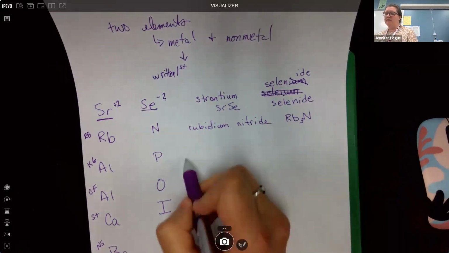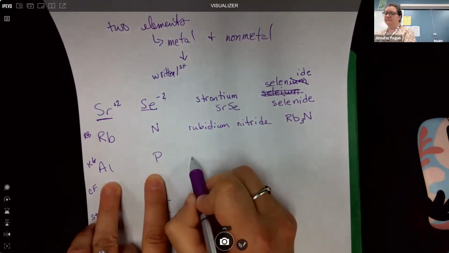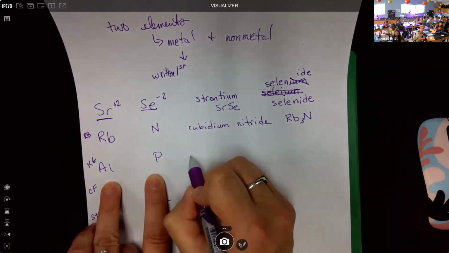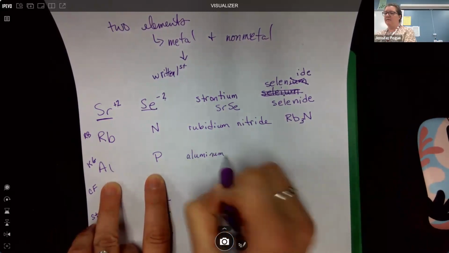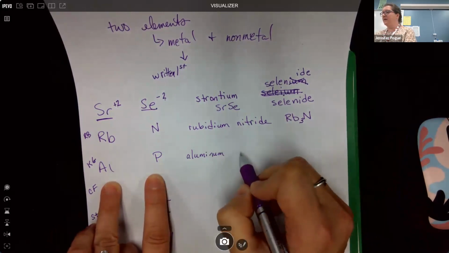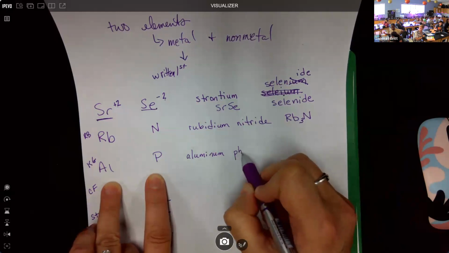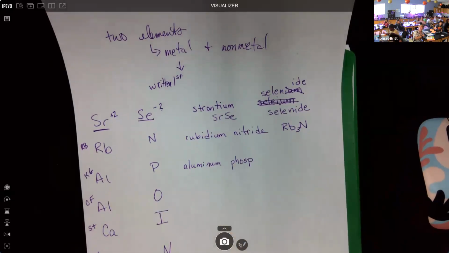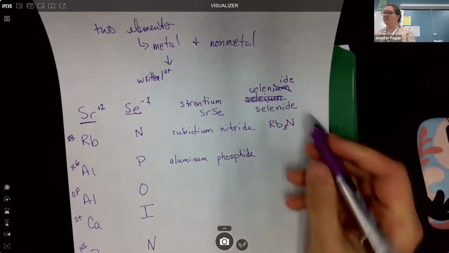King George, what'd you get for these two, please? All right, y'all. What's the first element? Aluminum. Okay, aluminium. That's the way my grandma used to say it. What's our second one? Phosphorus. What do we do with the ending? Phosphide. And what would the formula be?